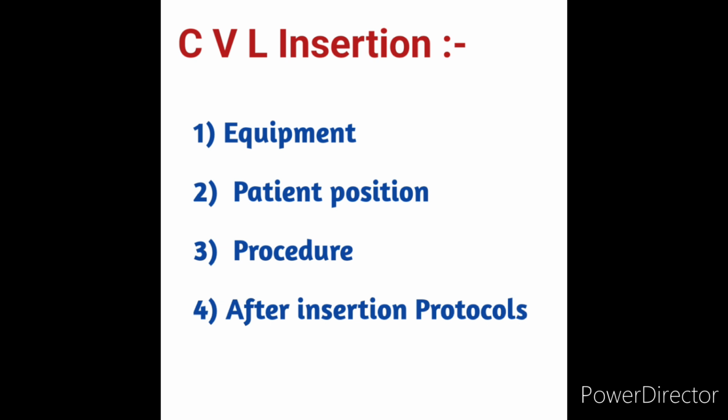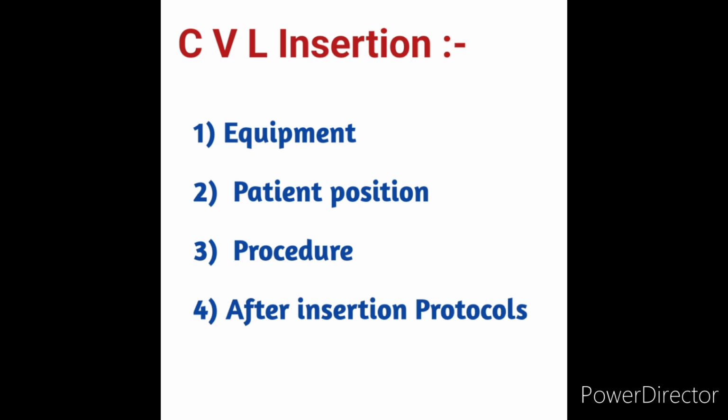So the role of the nurse is also very important in the CVP line. Assessing signs and symptoms of infection on a daily basis is very important. Also monitor the hematoma or any bleeding from the previously pricked area. Procedure, equipment, patient position and after insertion of the CVP line.